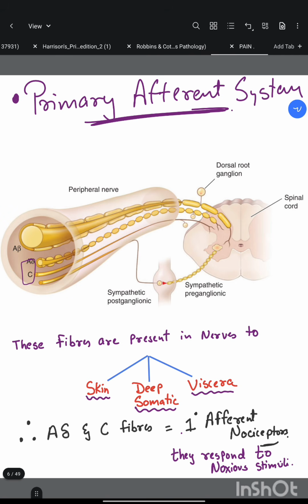Therefore, A delta and C fibers are considered as primary afferent nociceptors. Do you guys understand? So the things that are required for pain to get conducted are these two, A delta and C fibers.